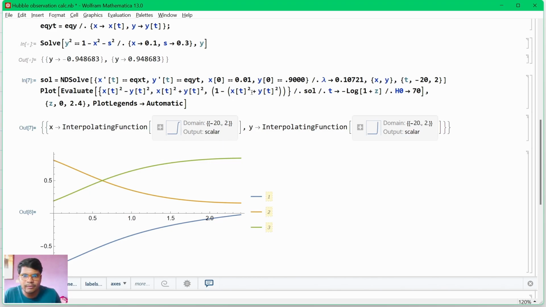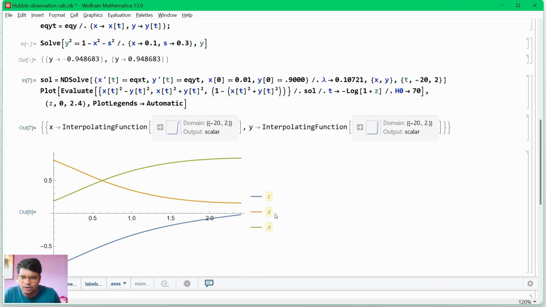And what happens is 1 minus x square minus y square. So there is evolution, because we already know that omega m is a function of rho, and omega m is equal to omega m0 into 1 plus z to the power of 3. So as your z increases, it will increase. This shows that if z is increasing, it will also increase, right?